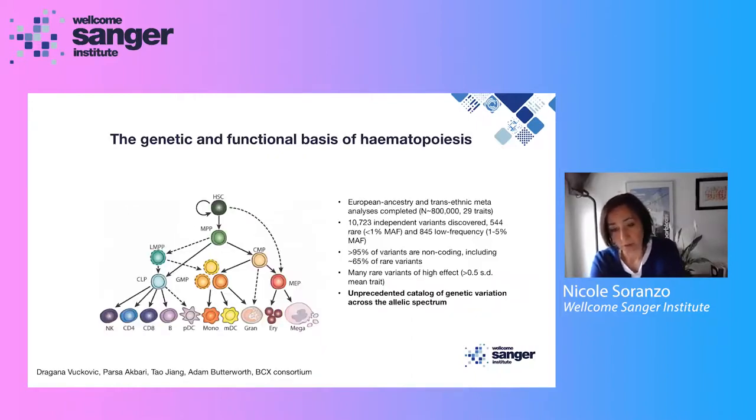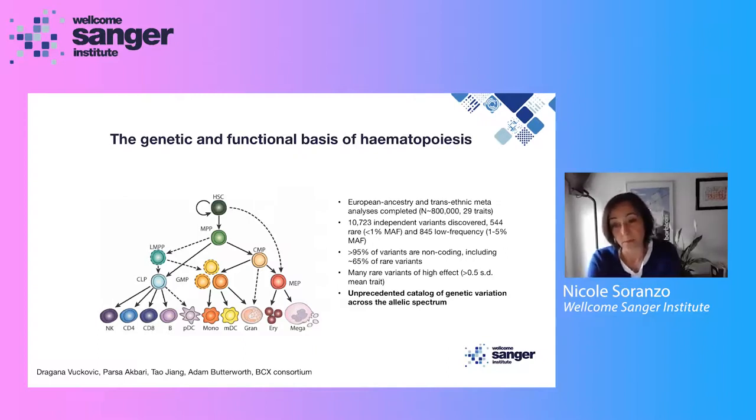So over the course of the last 10 years or so, we've done a number of progressively wider genome-wide association studies, taking genetic variation and linking them to these phenotypes to discover genetic variants predisposing to different potential cell counts and function measures.